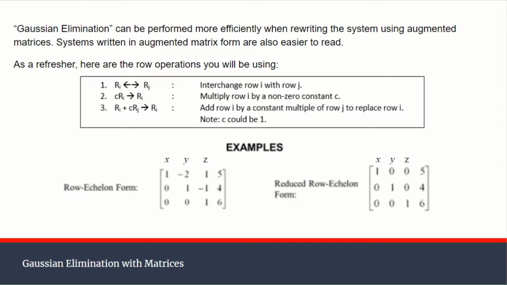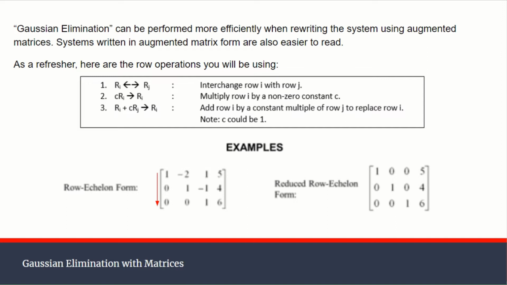When we look at the examples, I realize that in your notes, reduced row echelon form is first and then row echelon, but I put it here in a different order purposefully because you're more used to seeing the row echelon form, even though you did not know that that's what it was. You're used to taking that 1 in the first equation and using that to get rid of the x in the second and the third equation.